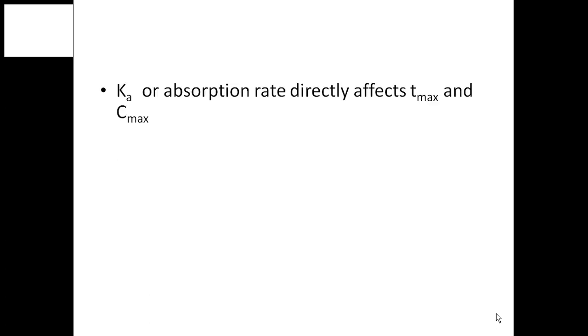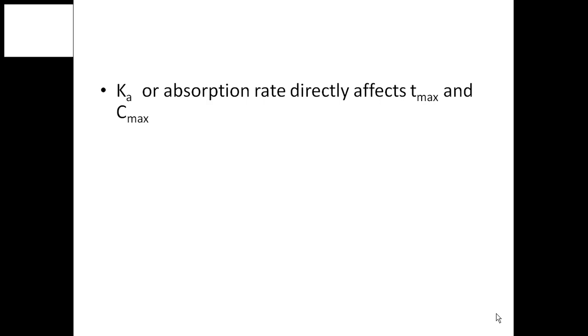The other general aspects include, firstly, that the absorption rate kinetics directly affects the Tmax as well as the Cmax of a drug. A slower rate of absorption prolongs the Tmax and a faster rate of absorption shortens the Tmax.